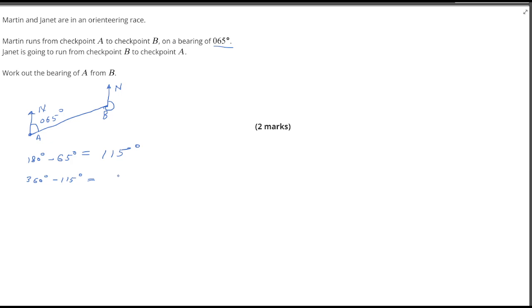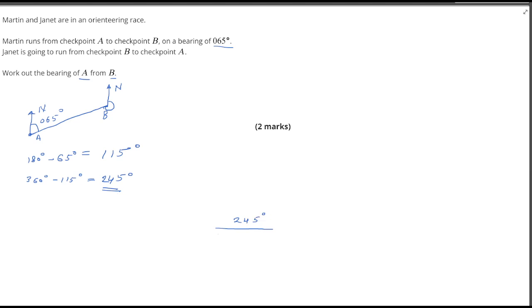So 10 minus 5 is 5, then 5 minus 1 is 4, and then 3 minus 1 is 2. So 245 degrees. Add 65 to 180, you will get 245 only. So this is for your cross check. So work out the bearing of A from B. Here, if they give me space for the answer, which they do, I will write 245 degrees at that place.